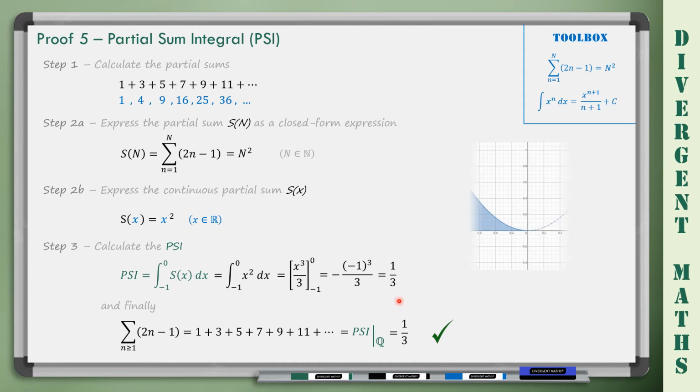We can interpret that value as the area under the curve. You can see the parabola here, given by the equation x squared. The area under the parabola between -1 and 0, the light blue shaded area here, is equal to 1/3, and that area corresponds to the sum of the divergent series of odd numbers.